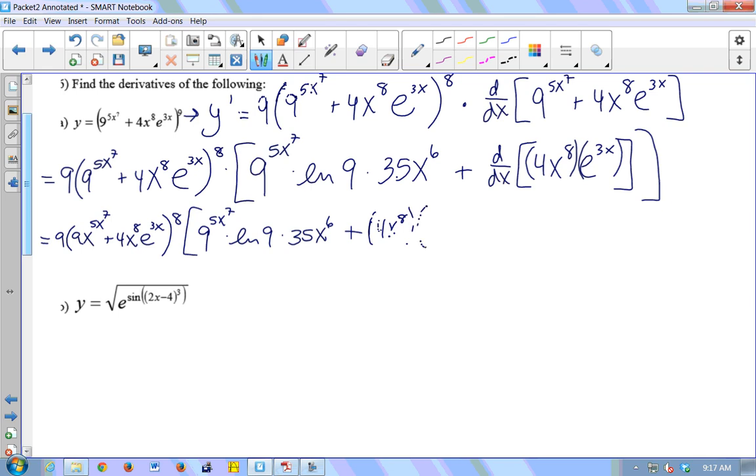What's the derivative of e to the 3x? Yeah, e to the 3x times 3, because this is e to some stuff, right? The derivative of e to some stuff is e to that stuff times the derivative of the stuff, which is 3.